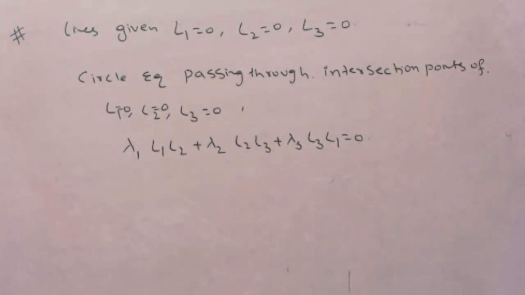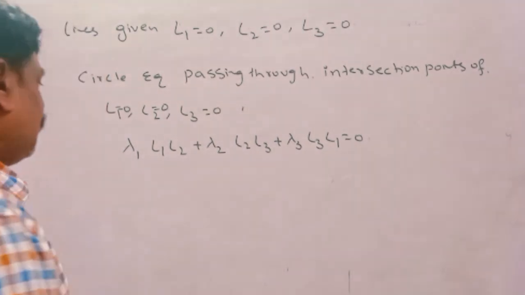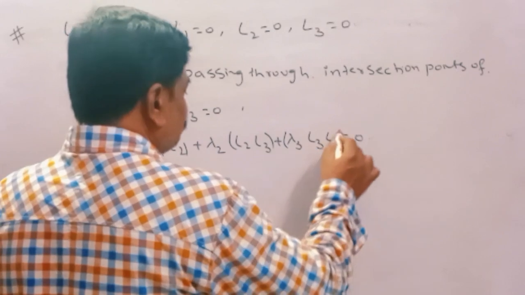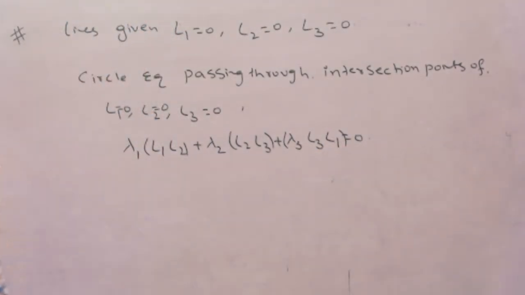This is the circle passing through the intersection points of L1 L2, L2 L3 and L3 L1.